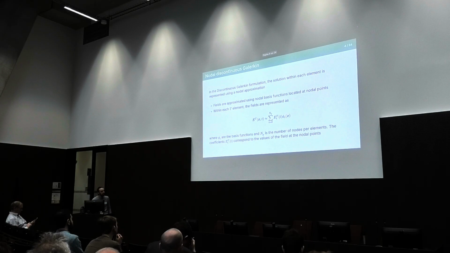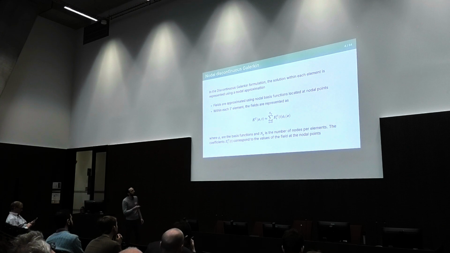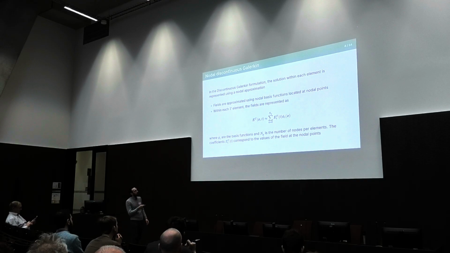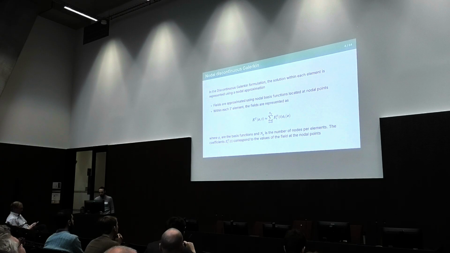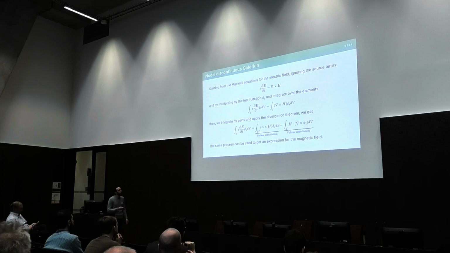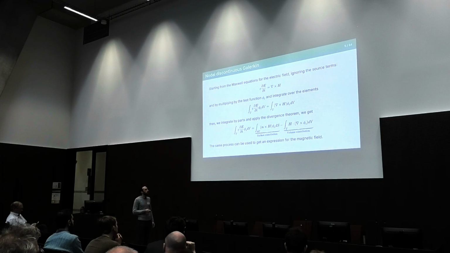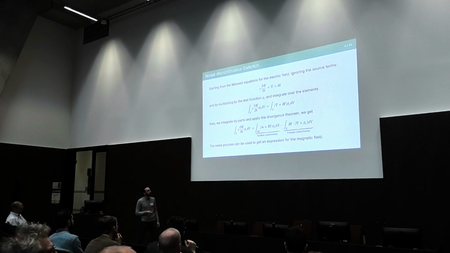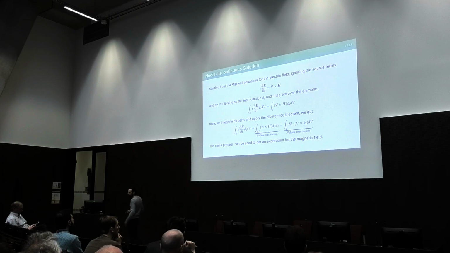So, as I said, what we do is represent, in this case, the electric field as this sum with the coefficients there. This is what we are interested in, multiplied by basis functions located on the nodes. And if you apply DG to the Maxwell equations, in this case for the electric field, you end up with this.